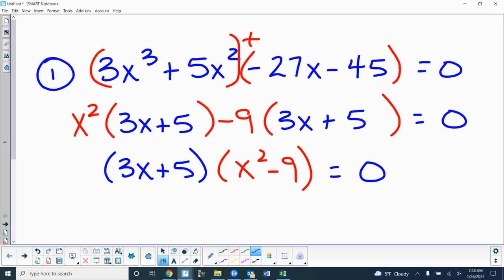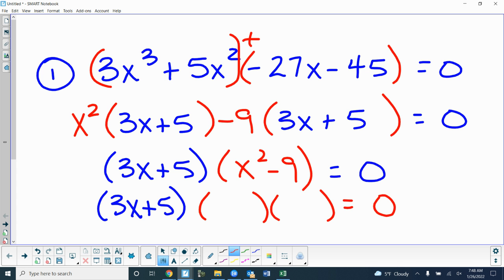So I can finish or factor it down a little further. And when we do a difference of squares, remember, we take the square root of the x squared, or whatever, the first term, and the square root of the second term, the 9, and then we do one addition or one subtraction. Okay?